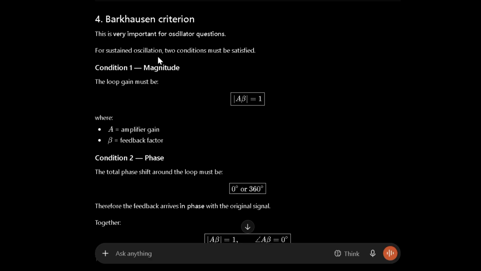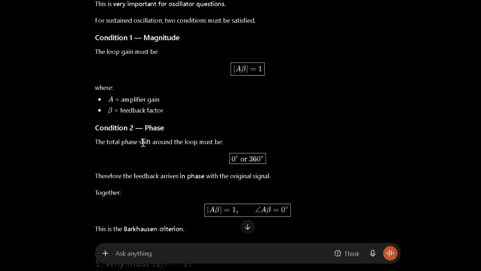Barkhausen criteria is very important for oscillator questions. For sustained oscillation, two conditions must be satisfied. Condition one, magnitude: the loop gain, magnitude of A times beta, must equal 1, where A is the amplifier gain and beta is the feedback factor.